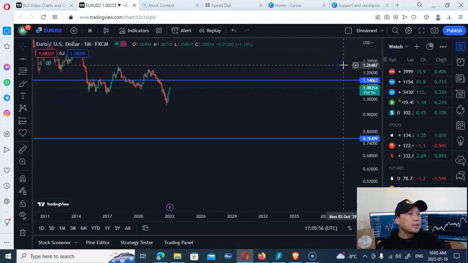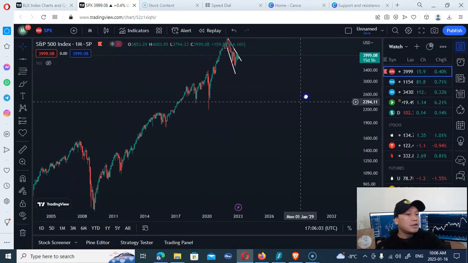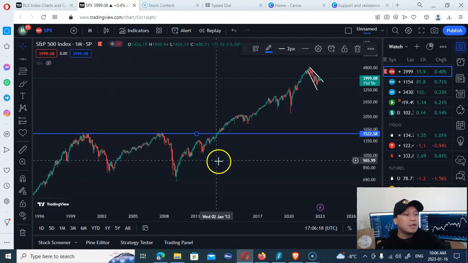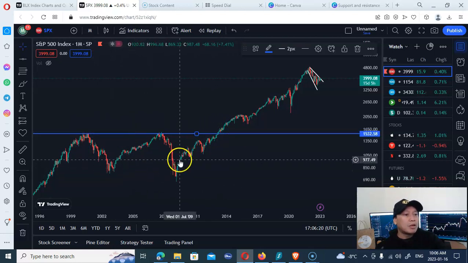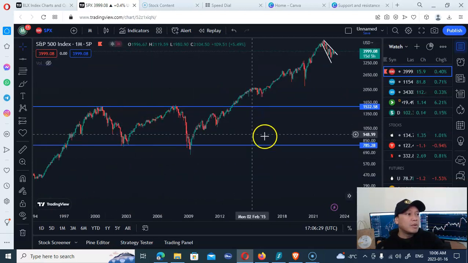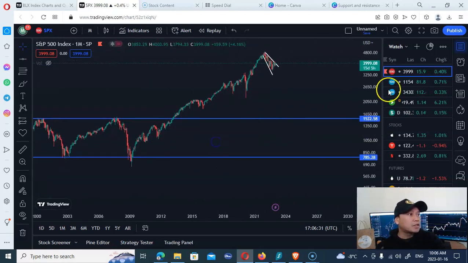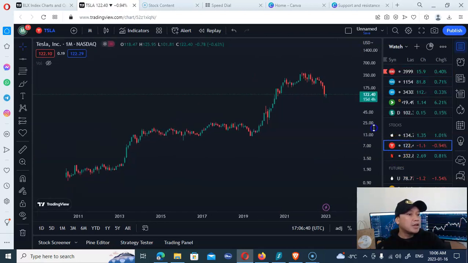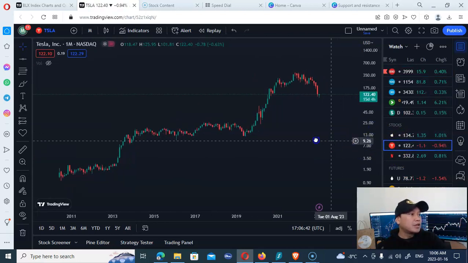Okay, so sorry guys, I'm using Forex right now because if we go to other assets, maybe here, S&P, it reacted here, and here. Okay, so probably here too. This is the S&P 500. Not many bounces here, so that's why I'm using Forex. If we also check out, let's say, Tesla, not much. Not much support and resistance.